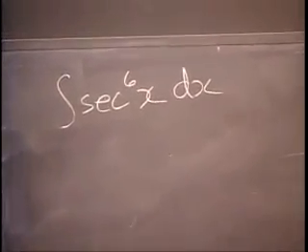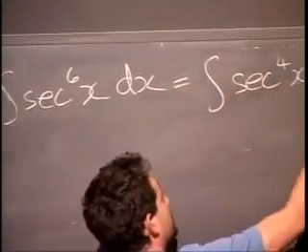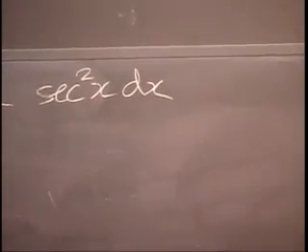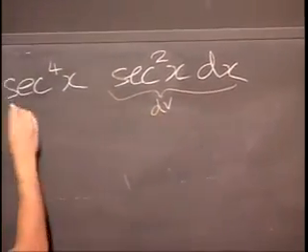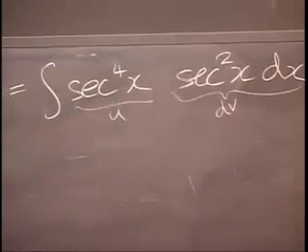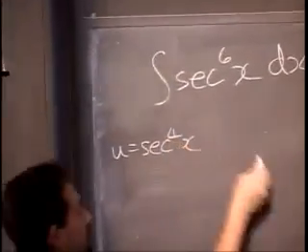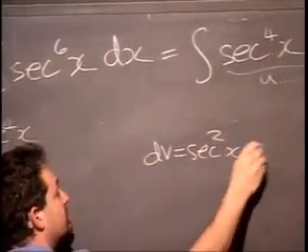So, the integral of secant to the 6th is secant to the 4th times secant squared x dx. Now, as I said, I want you to think of this as dv, and everything else will be u. So let's see, u equals secant to the 4th x. dv is secant squared x dx.